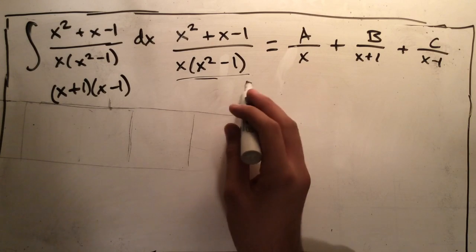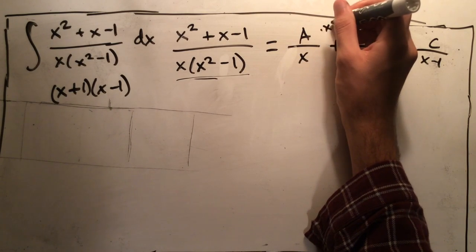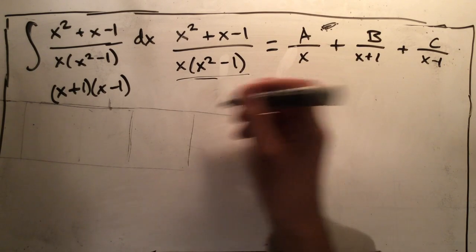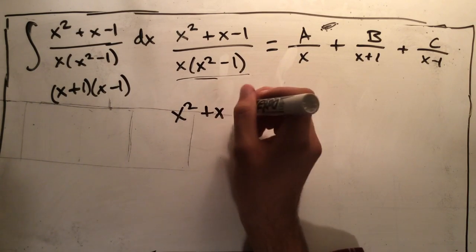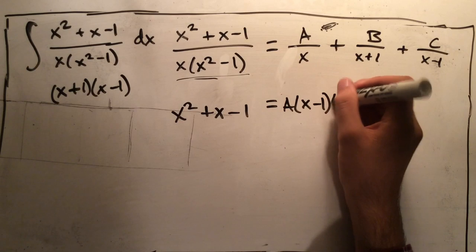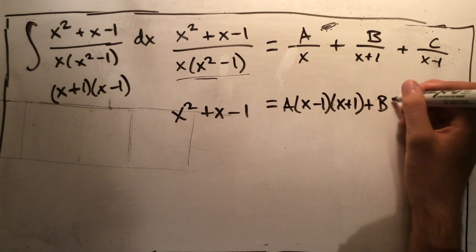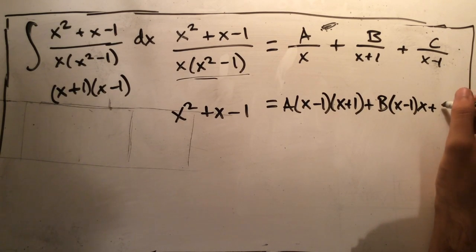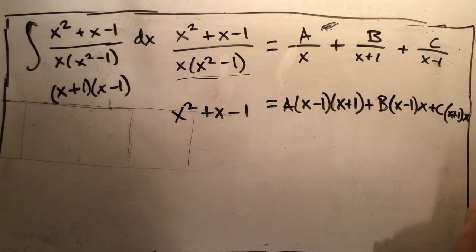So as I did in the last example, we're going to multiply this denominator to every single term that we have. X squared plus x minus 1 will equal a times x minus 1 times x plus 1, plus b times x minus 1 times x, plus c times x plus 1 times x.